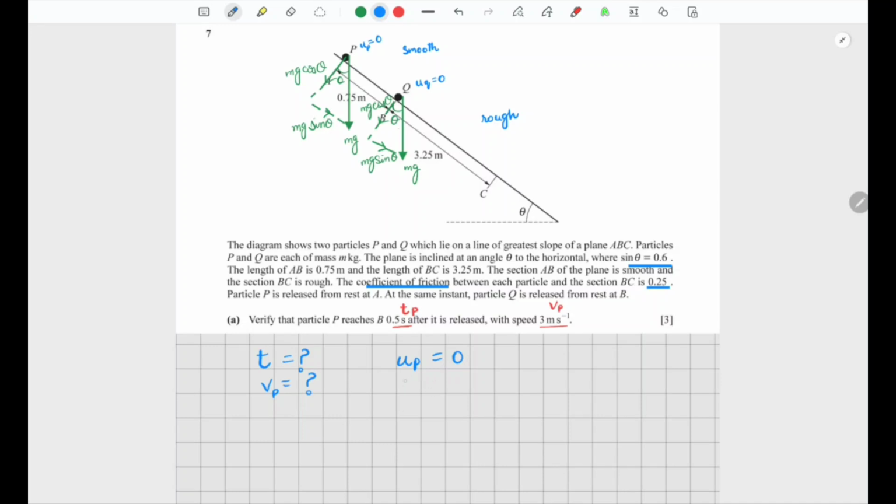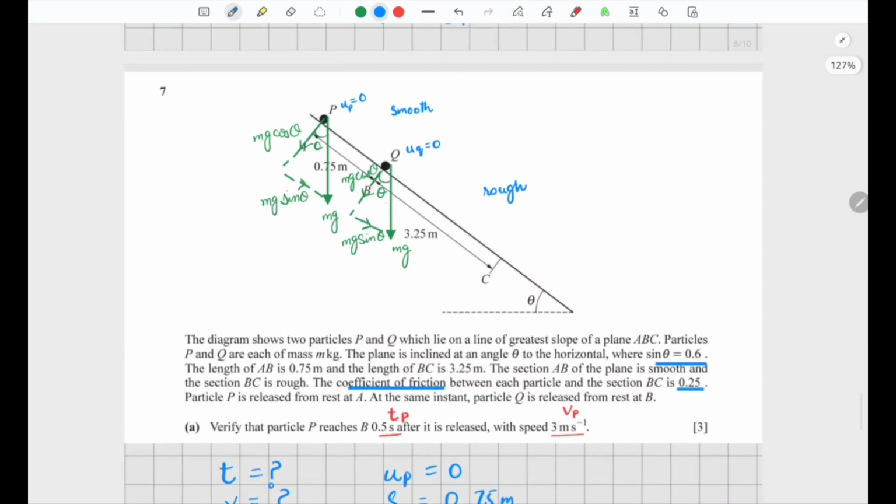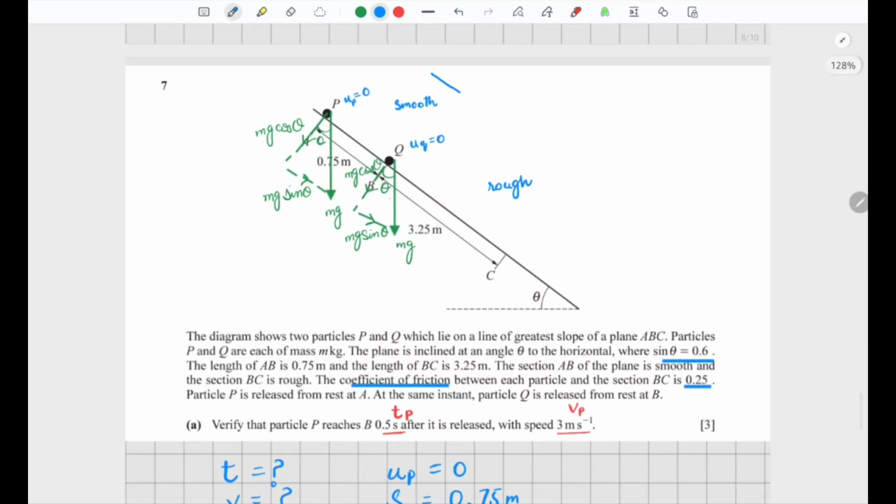Secondly, the distance it must have covered is 0.75 meters. If we need to apply any equation of motion, the thing that we must be needing would be acceleration, and acceleration is what we don't know. So if a body is released from P, it is moving under the action of gravity, so it must be having some acceleration.